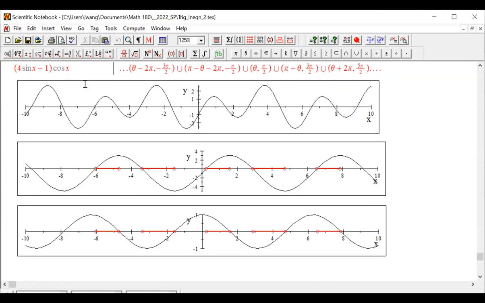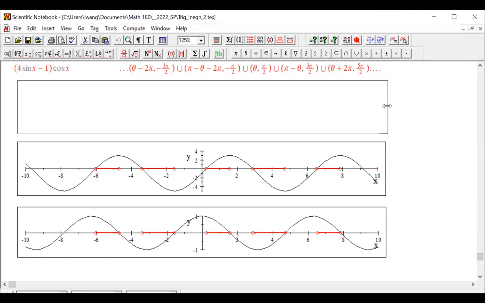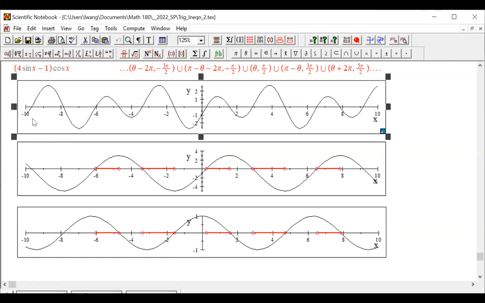So this is the whole of the curve, right? And this is just a part of it, and this is the cosine curve. They are completely comparable with the same scale, right? From negative 10 to positive 10. You can see that our answer is right because this piece is positive, and that piece is positive, that piece is positive, that piece is positive.